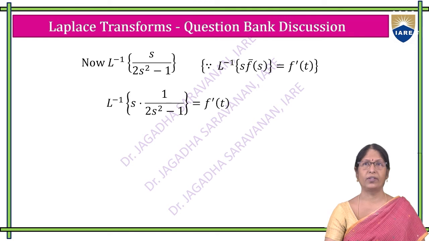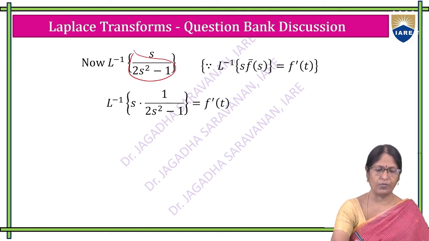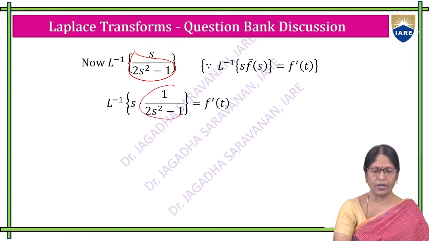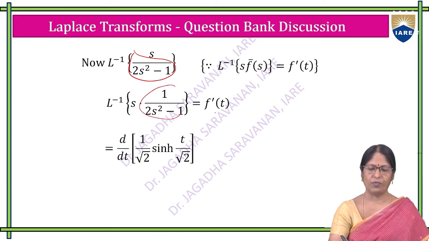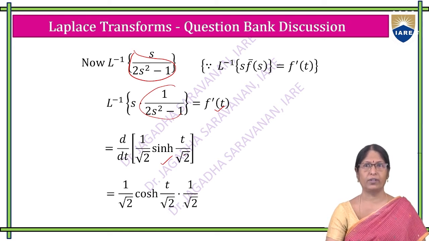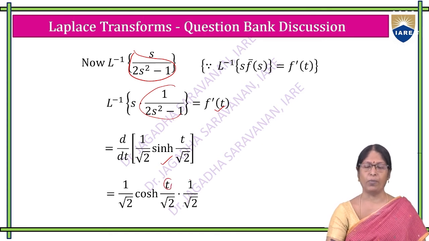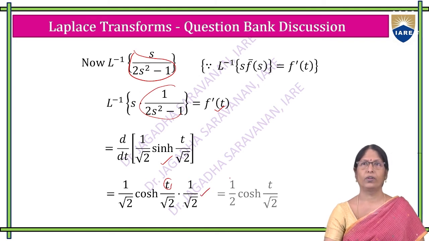So we can see it here; we have solved this part. The first derivative gives 1 by root 2 cos h t by root 2. Again the t coefficient is 1 by root 2. So these are the important steps of this problem.